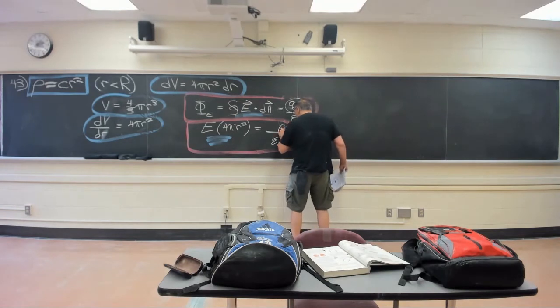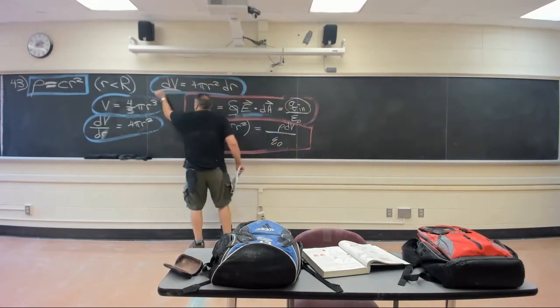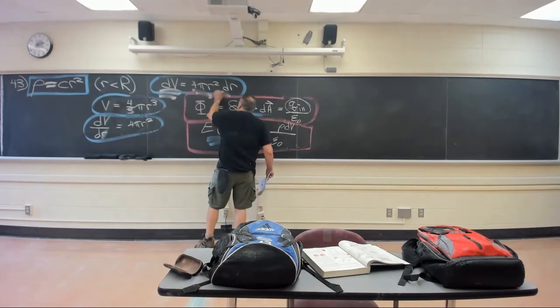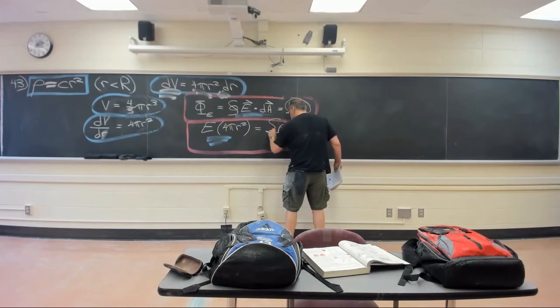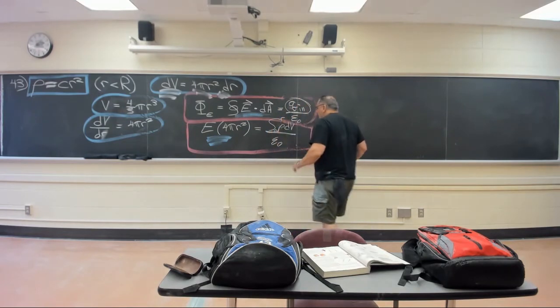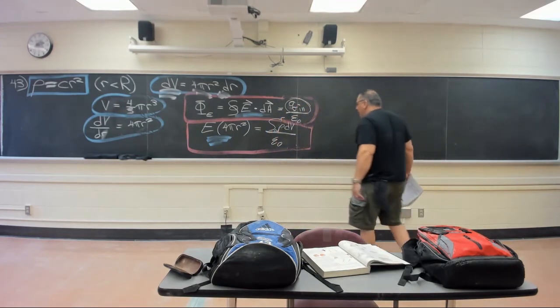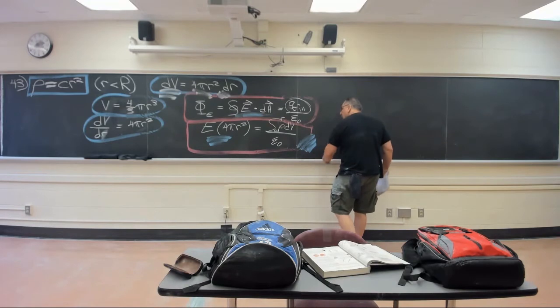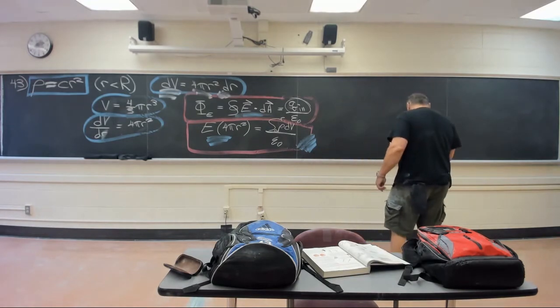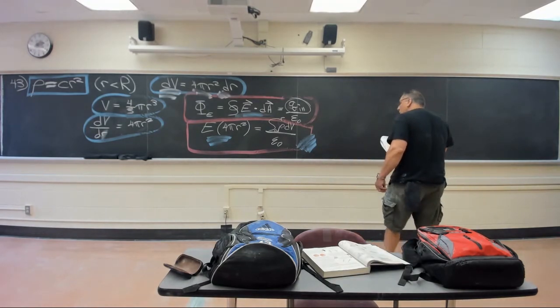Rho is a variable. dV, we said, is this. That's what you're going to do. You're going to find it and figure out what's going on.